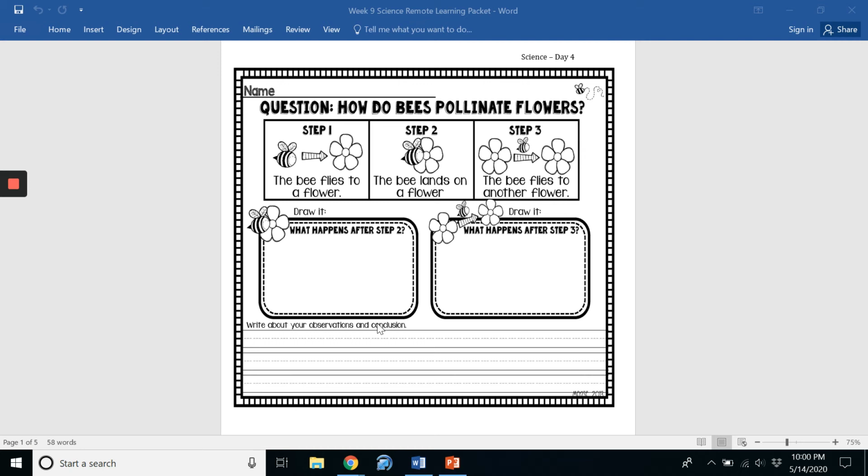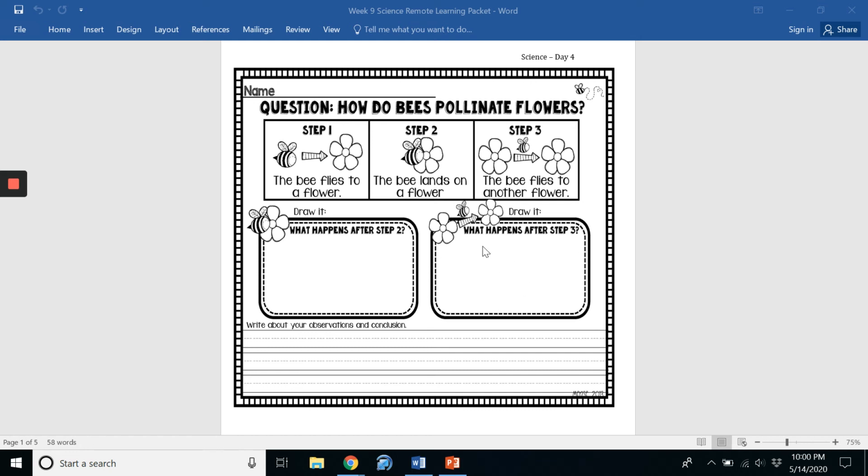Now, in these 2 boxes right here, you're going to be drawing. So in this first box here, you're going to draw what happens after step 2. You are going to take a look at the diagram up here, and then you're going to see what happens after step 2, and you're going to draw it right in here.